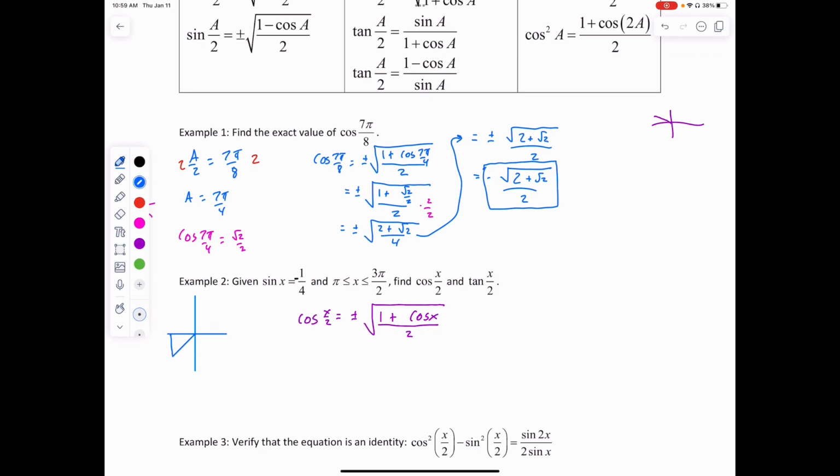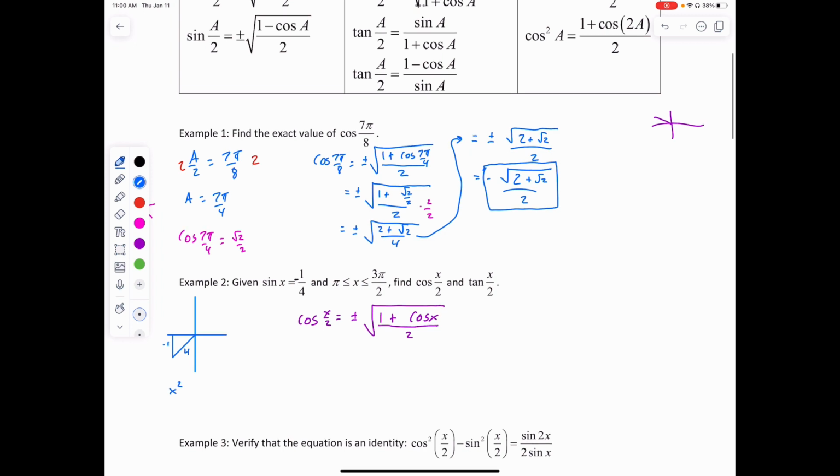I know that I'm dealing with a sine value of negative 1/4. So that's a negative 1 with a hypotenuse of 4. Using the Pythagorean theorem real quick, I get x squared plus 1 squared is equal to 4 squared, which means x squared is equal to 15, or x is plus or minus radical 15.